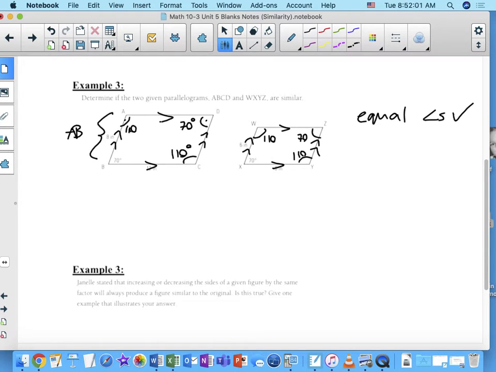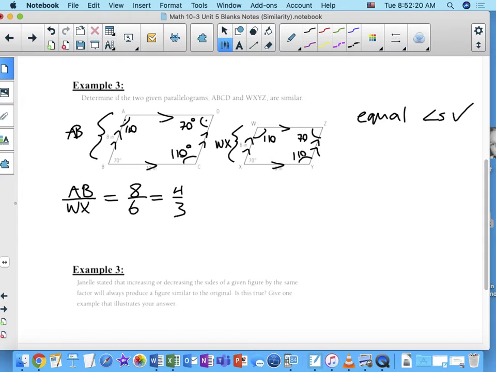And this side over here, WX. Okay? So if we compare AB over WX, we're going to get 8 over 6, which reduces to 4 over 3.